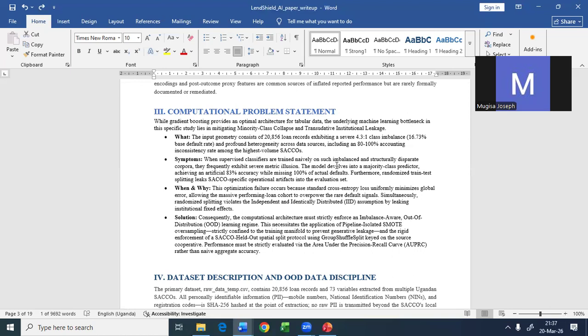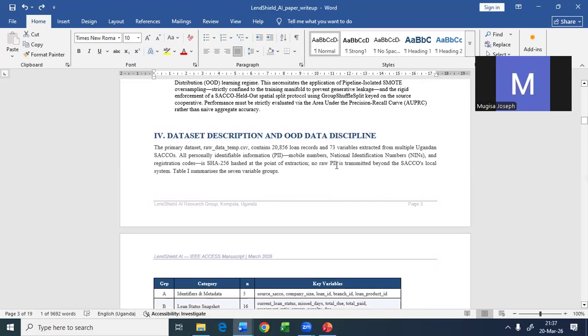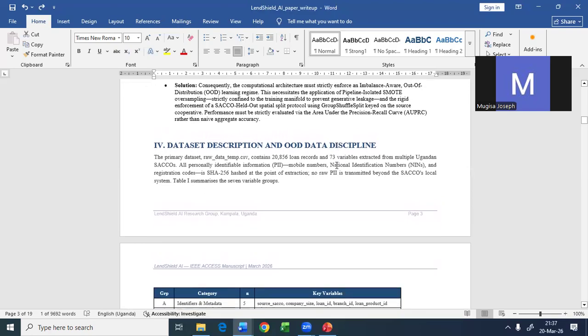This necessitates the application of pipeline-isolated SMOTE oversampling, strictly confined to the training manifold to prevent generative leakage. The performance will be strictly evaluated, and not by naive aggregate accuracy.